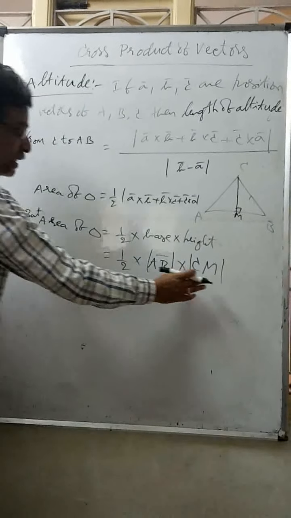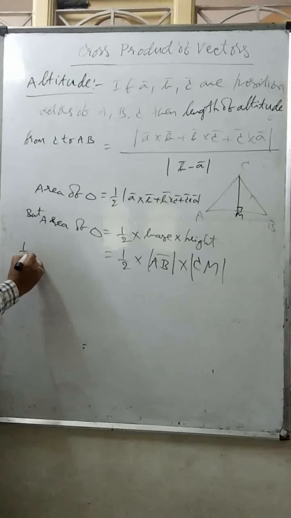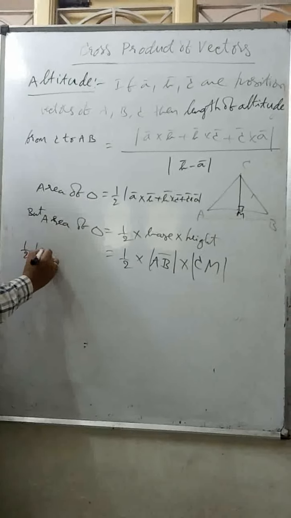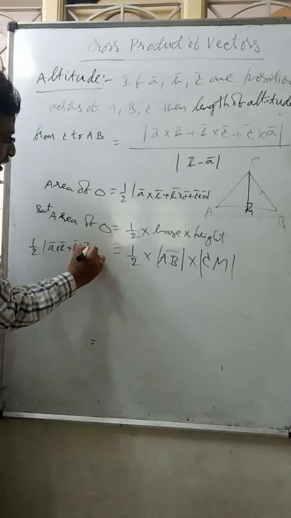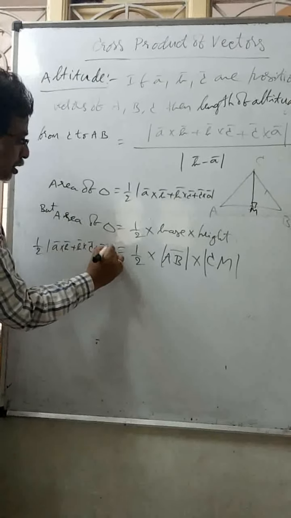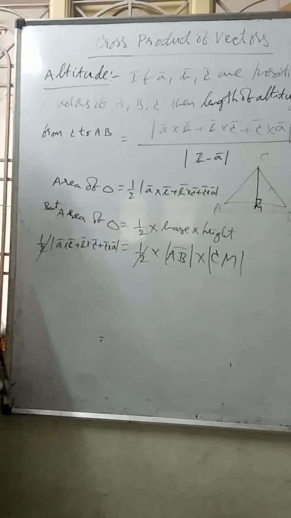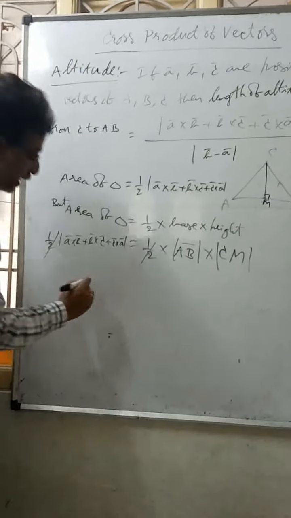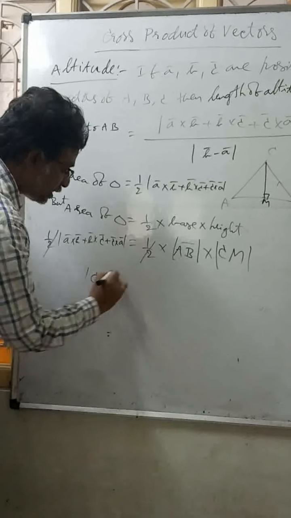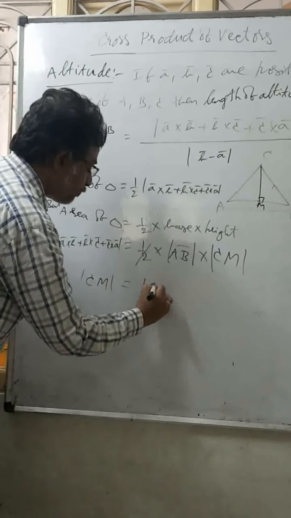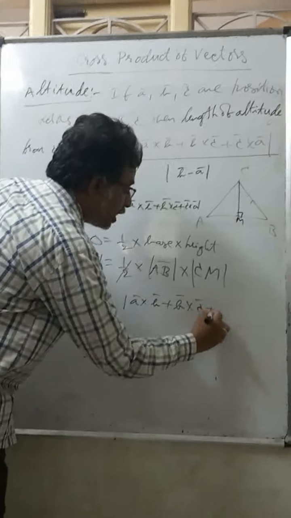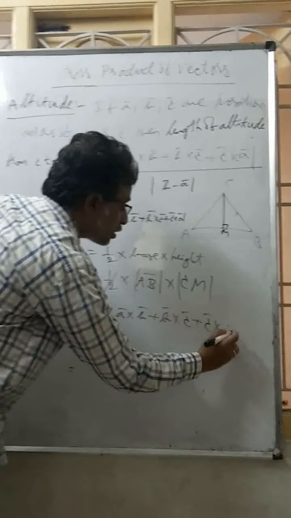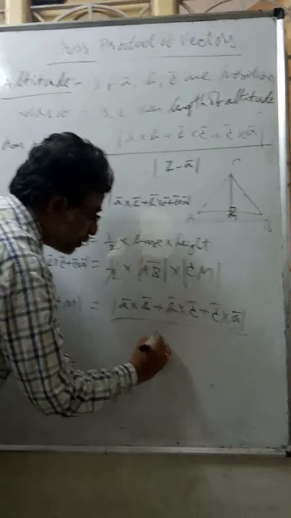Now I need CM. On this side I have half into the area of the triangle, I know half into modulus of A cross B plus B cross C plus C cross A. If I cancel half on both sides and bring AB to this side, mod CM equals modulus of A bar cross B bar plus B bar cross C bar plus C bar cross A bar, divided by mod AB bar.